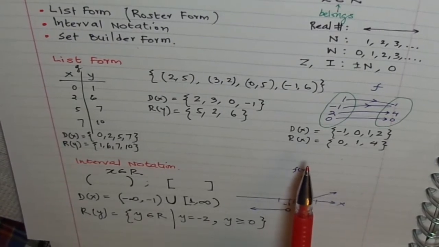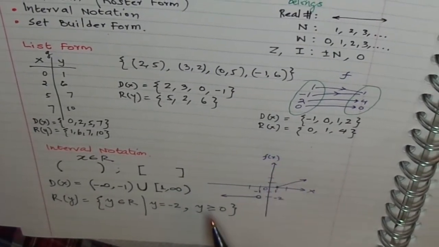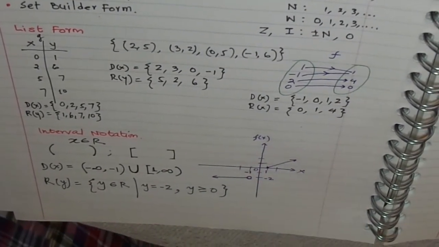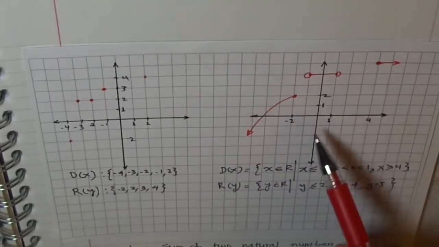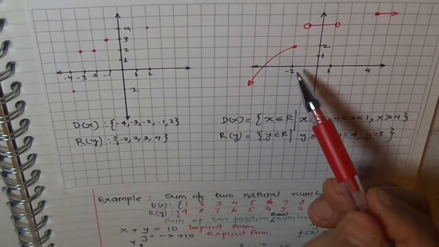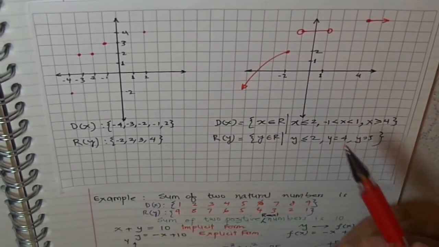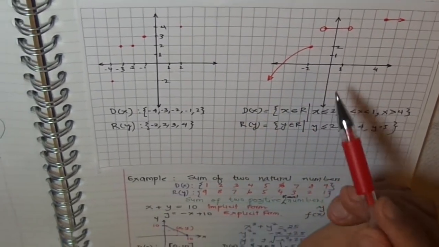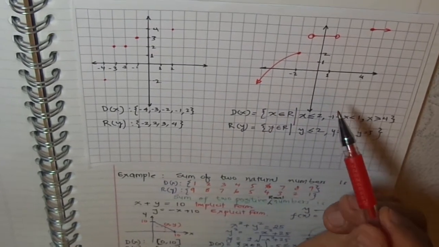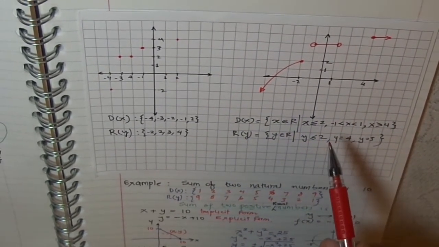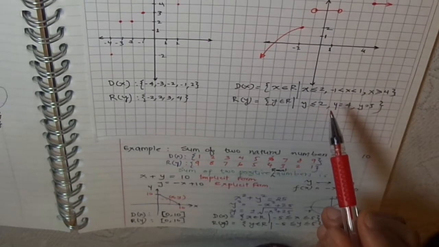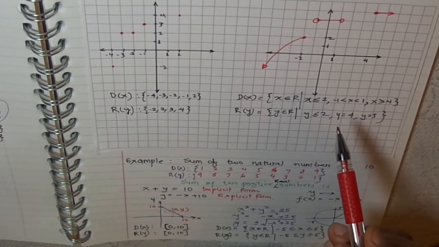Interval form and the set builder form are normally used for equations and graphs where things are continuous. A continuous graph, because you can't really list all the real numbers in between 2 points. There are an infinite number of real numbers between any 2 points, so they can't be listed. So we have just the option of interval notation or a set builder form.